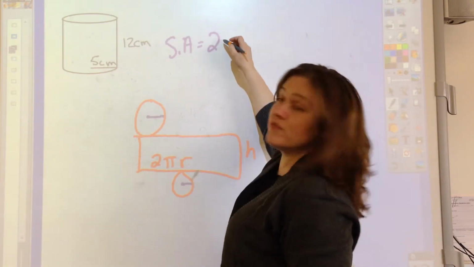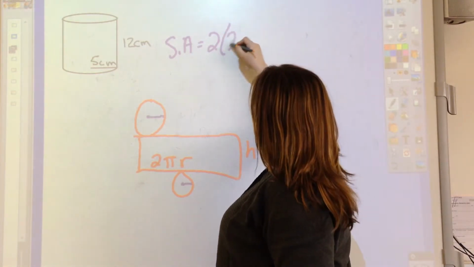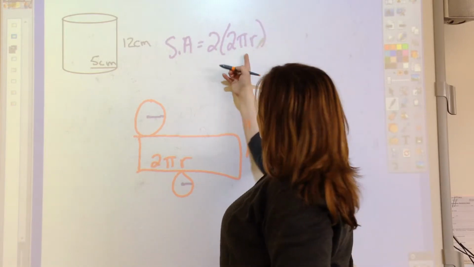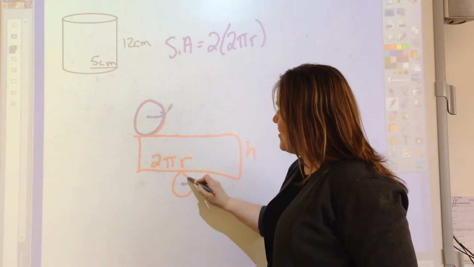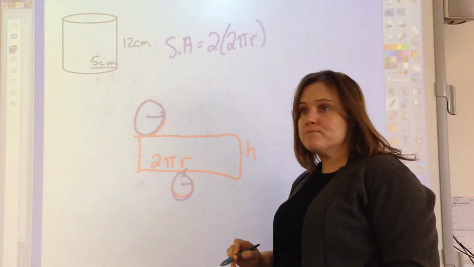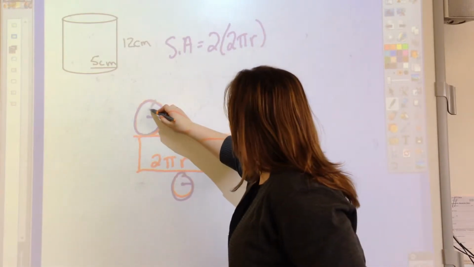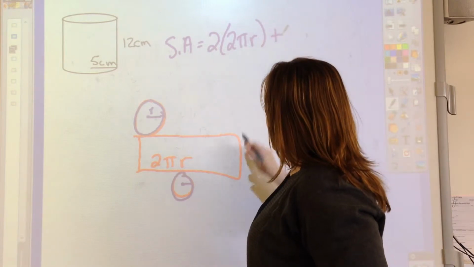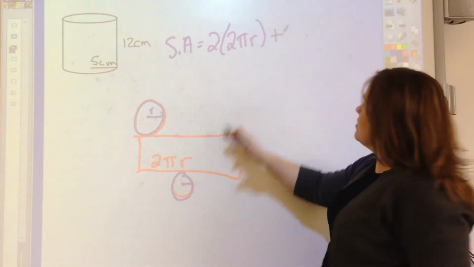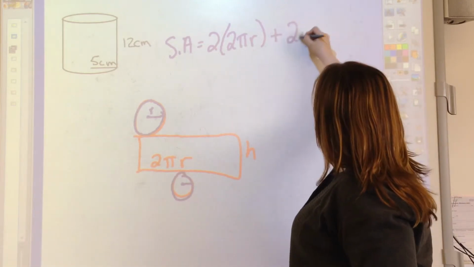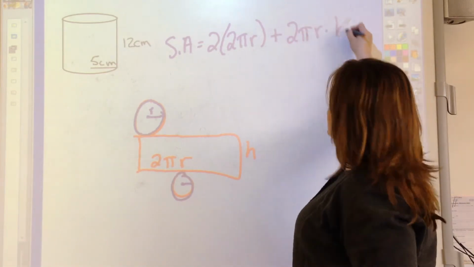And we all know the area of a circle is pi r squared. And I have two of them. Does everyone agree that takes care of this surface area and this surface area? Good. Then I'm going to add to that the area of this rectangle, which is length times width. So that would be 2 pi r times height.